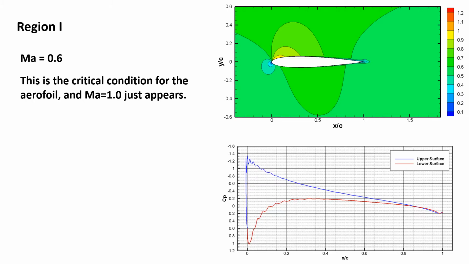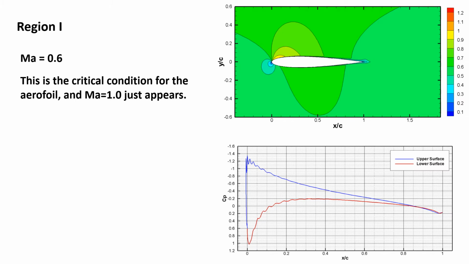The other very important thing is to look at the CP. Why do we want to look at the CP? Because the area enclosed by the CP curves of the upper surface and lower surface is equivalent to the lift.